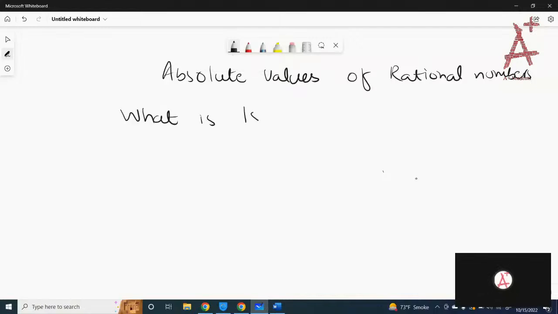The absolute value of 5.7 is 5.7. Got it? 5.7 is already a positive number, so the absolute values are always positive. So the absolute value of 5.7 is 5.7. Got it?